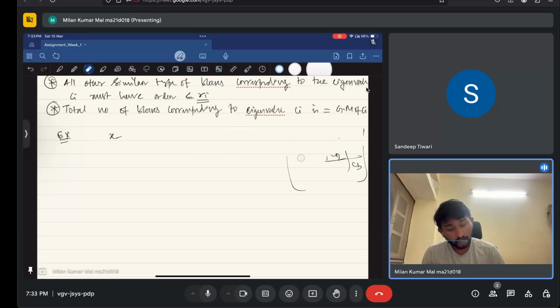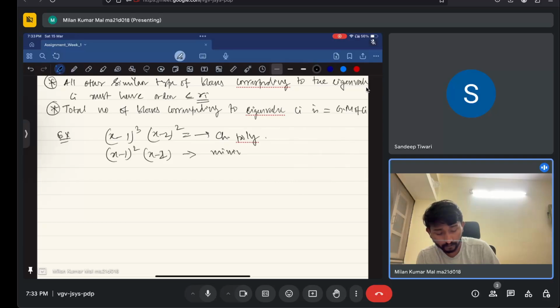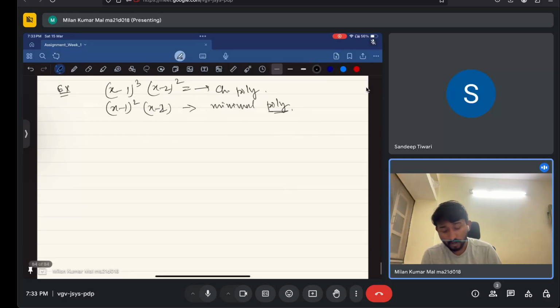Now I'm just trying to give a short example. For example, (x minus 1) square times (x minus 2) is the characteristic polynomial of some matrix, and let's write (x minus 1) square (x minus 2) as the minimal polynomial. So how will the Jordan canonical form appear?